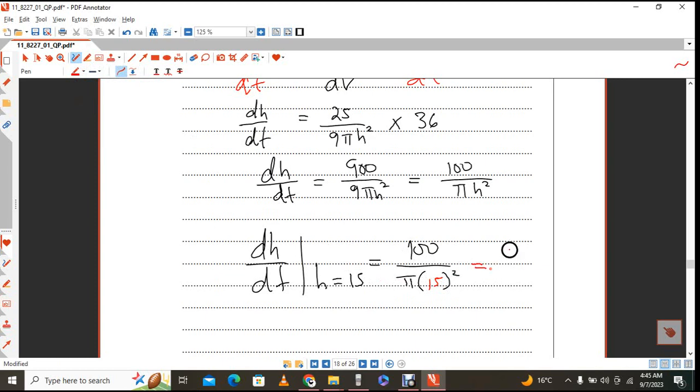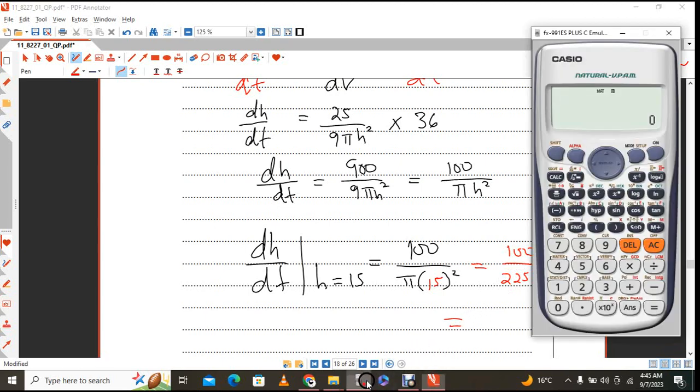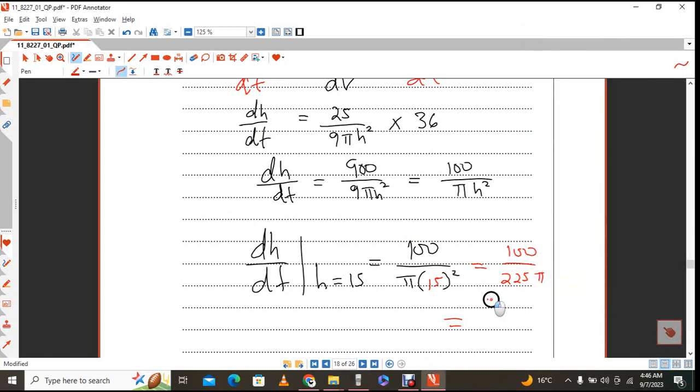So this is 100 over 225 pi, which you can simplify. It's 100 over 225, that's 4 over 9. So this is 4 over 9, and the pi should be underneath. Okay, this is h, which is distance, centimeters, over time.